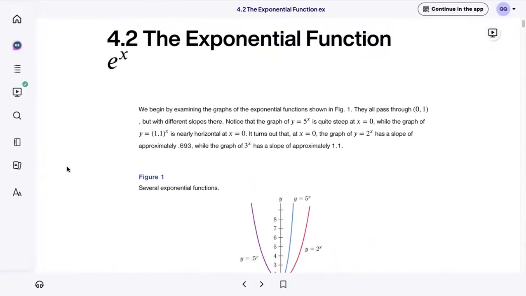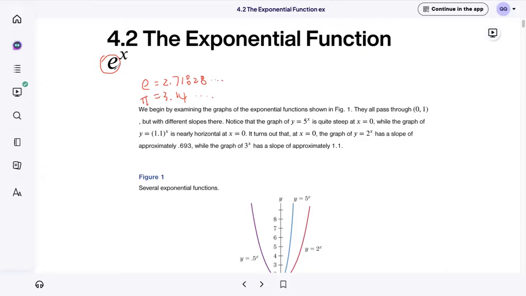Okay, now we're going to talk about something called the natural Euler number. Exponential function with the base being the Euler number. Euler number is about 2.71828. It's just like pi. Pi equals 3.14. Irrational number.